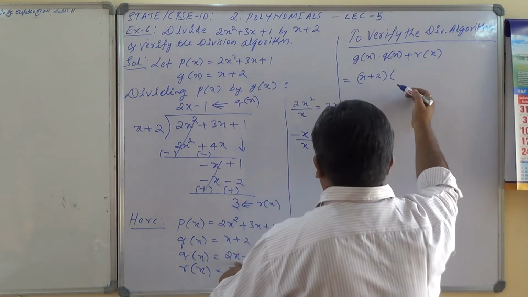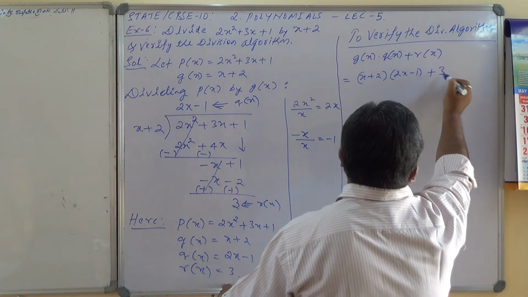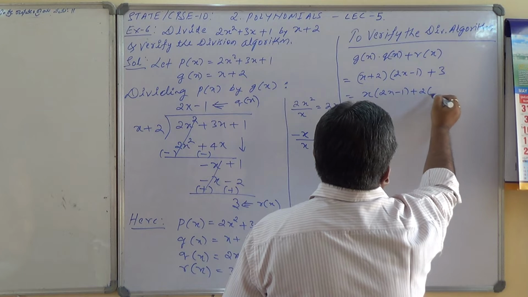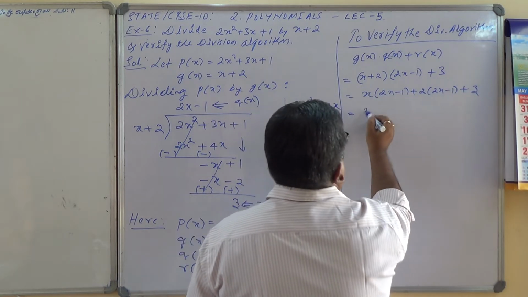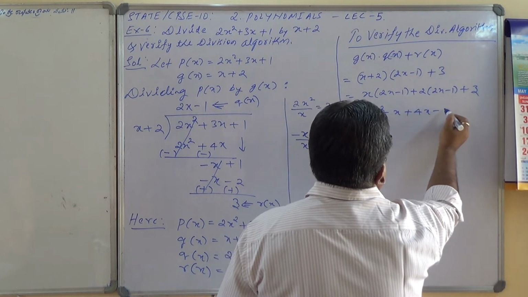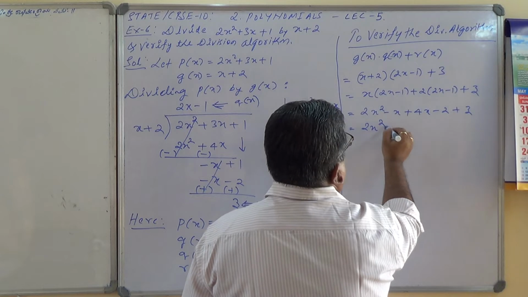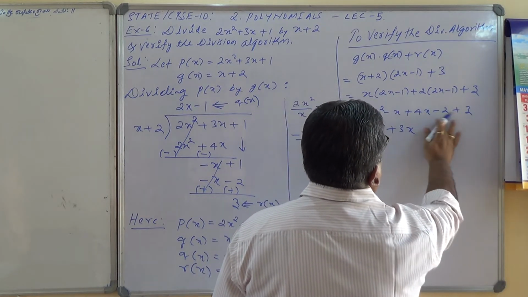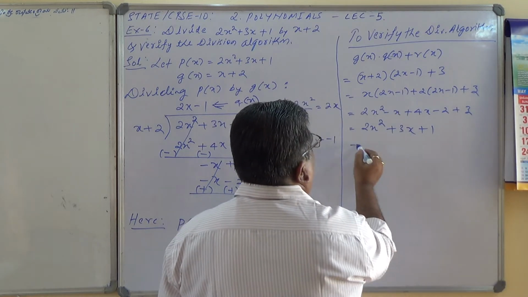Here I have written 2x minus 1 plus r of x, 3 here, which equals x into 2x minus 1 plus 2 into 2x minus 1 plus 3, which equals 2x square minus x plus 4x minus 2 plus 3, which equals 2x square plus 3x plus 1. Isn't it? This is what we are getting.